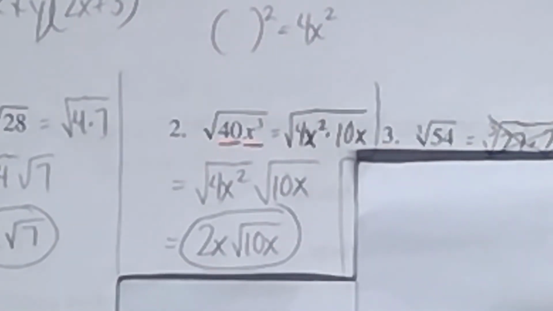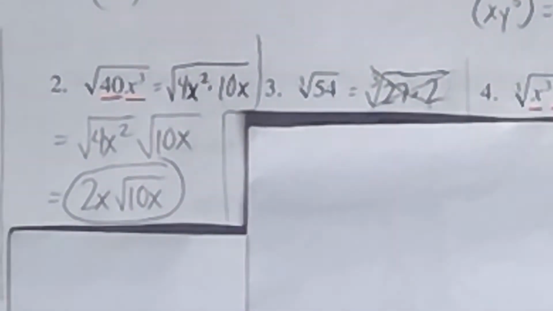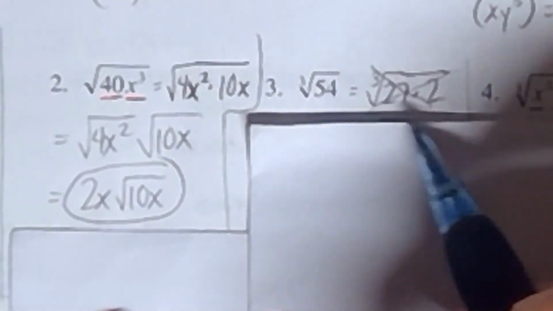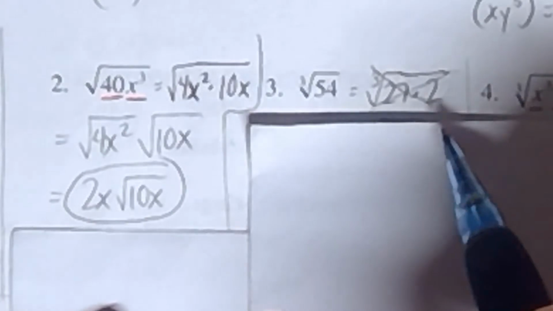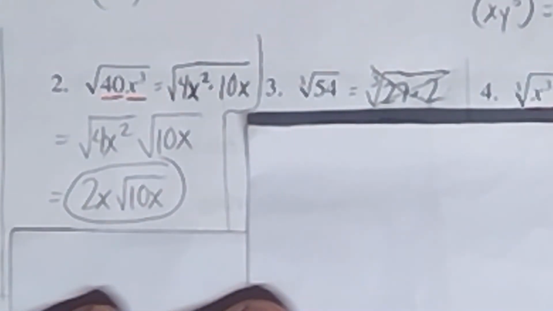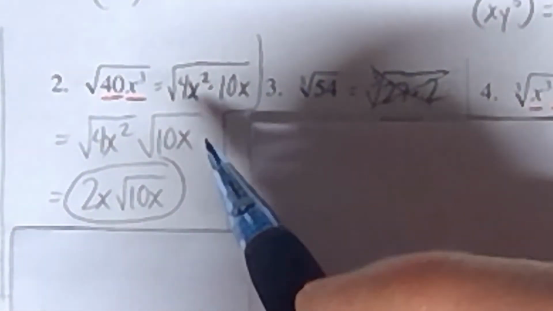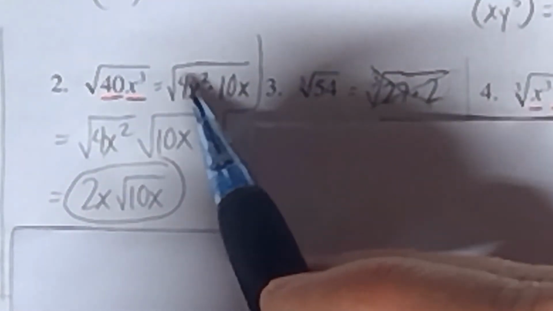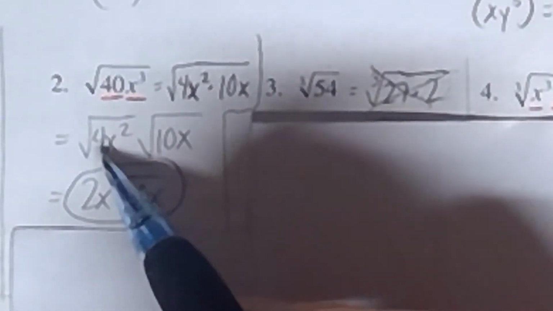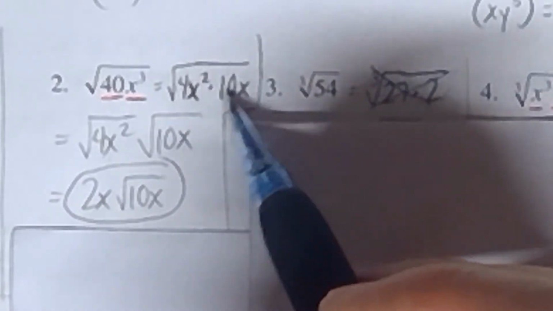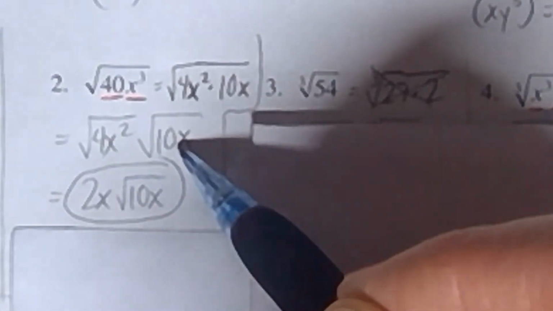Let's keep going here. All right. There's a reason why I crossed this thing out. This was actually correct, okay, when I wrote down there 27 times 2. That is correct, but I just want to show you something here. You can actually skip a step now that we've done this enough times. I think you can see from the first 9 problems that we've done that I can just jump down here, okay? It's still going to be the same 2 terms after I split it apart, and it's inevitable that I'm going to split it apart, so I might as well just jump from 40x to the third all the way down to here, right?